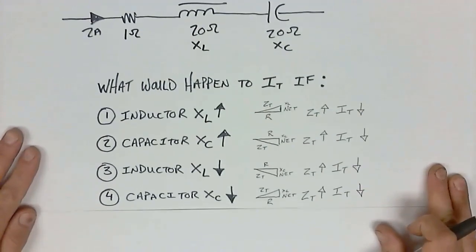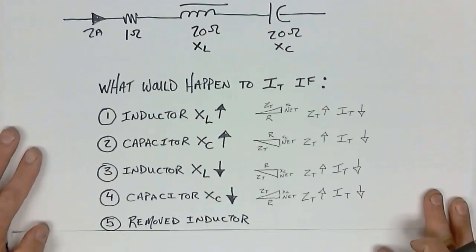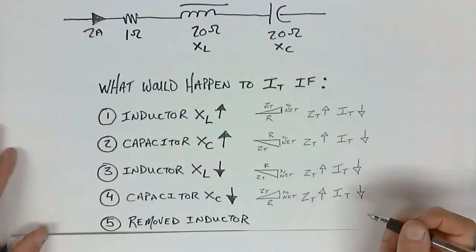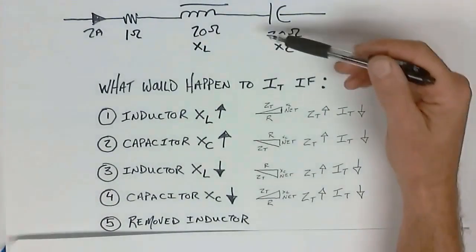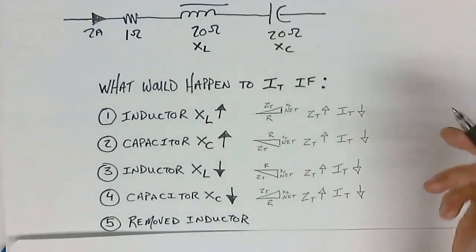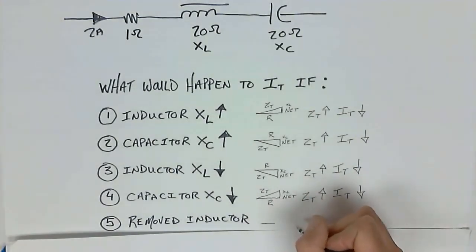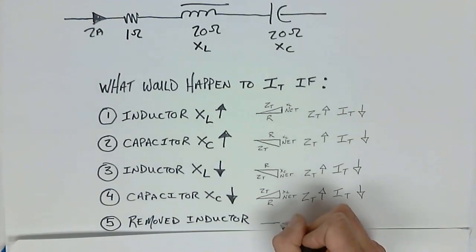Okay, so we take it to an extreme level. What would happen if I just remove the inductor? If I remove the inductor, then all I'm left with is the capacitor. That would have a significant effect overall, right? Because with my inductor being absent, I would have a significant amount of XC.